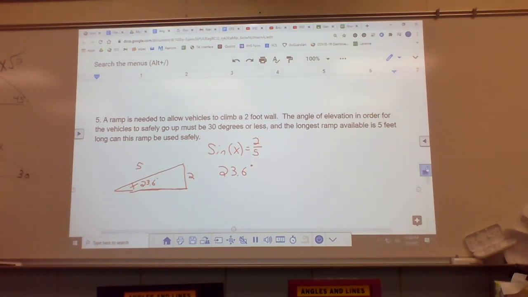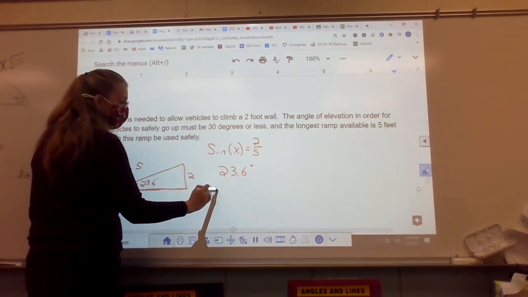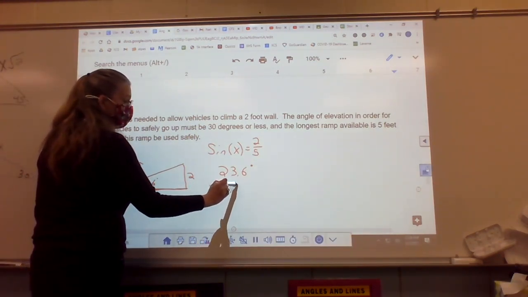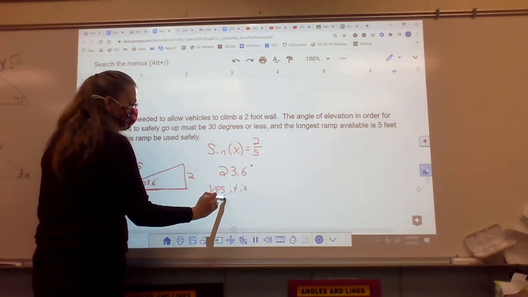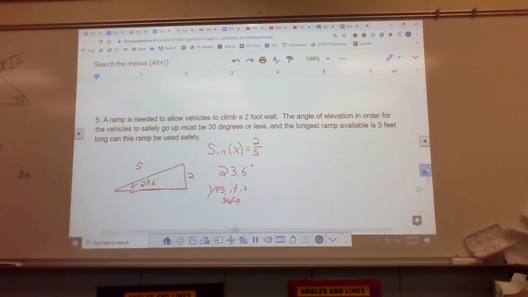Yeah, 23 is less than 30. So therefore, it's not too steep, because it had to be less than 30 for the truck to make it safely. So my final answer is yes, it is safe. So the 30 was just used as a comparison. I had to figure out what degree the ramp was sitting at and then say, okay, was it safe or was it not safe based on the 30?